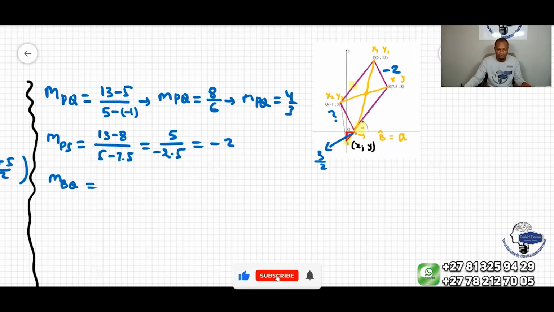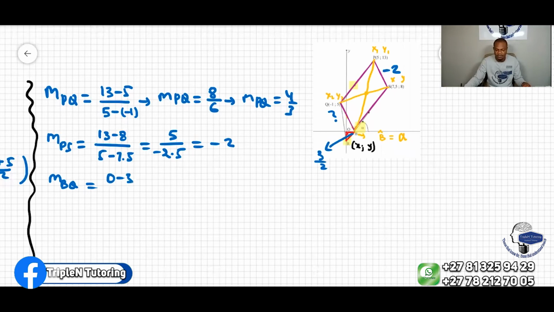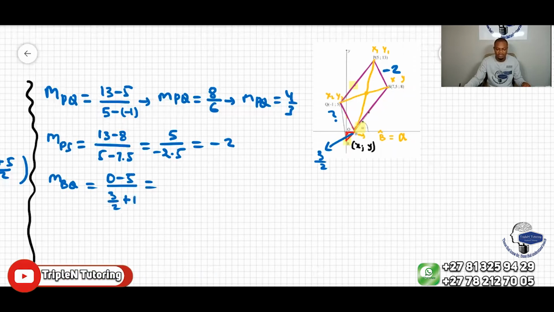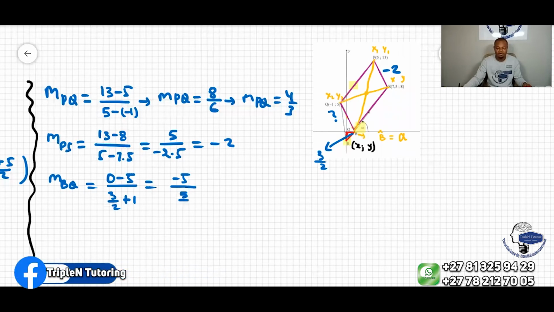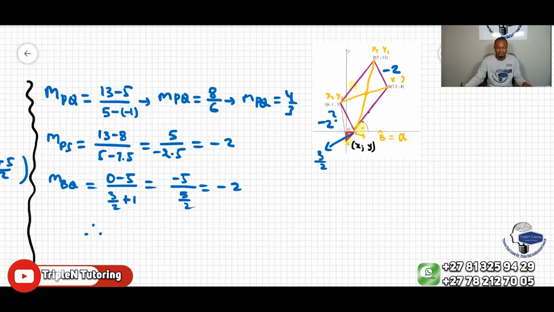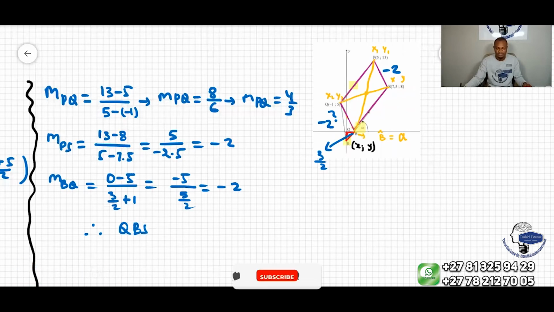So now we're going to have 0 minus 5 all over 3/2 minus 1. So that makes -5 over 3/2 plus 1, which makes 5/2. If you do this calculation, you get -2 again. So here is also -2. Therefore, we say QBSP is a parallelogram.